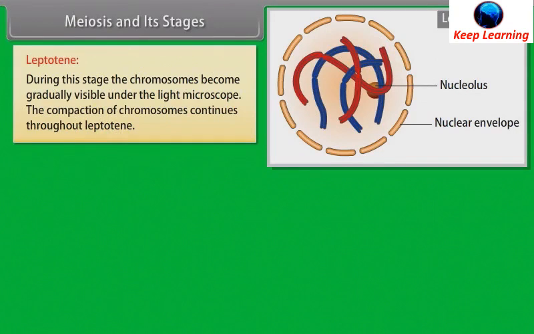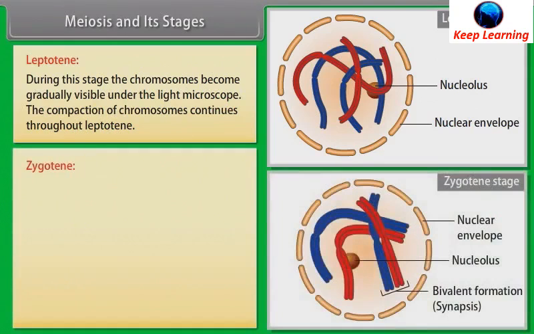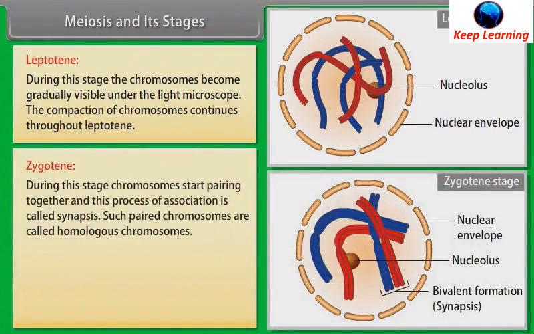This is followed by the second stage of prophase 1 called zygotene. During this stage, chromosomes start pairing together, and this process of association is called synapsis. Such paired chromosomes are called homologous chromosomes.